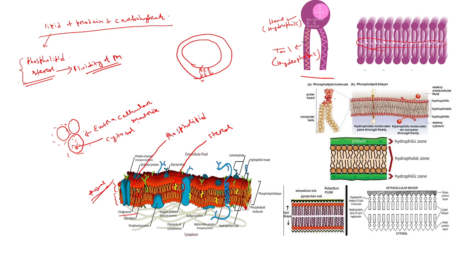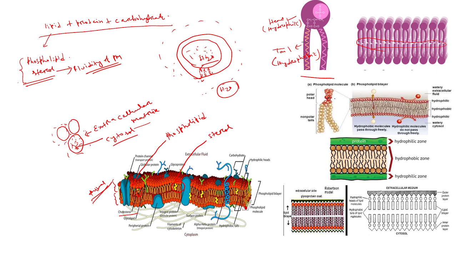Always in the extracellular matrix and the cytosol, a watery solution is present. That means the cytosol is simply a watery condition. So inside, the watery solution or the hydrophilic solution is present. At the outside also, the extracellular matrix, the hydrophilic or watery molecules are present.